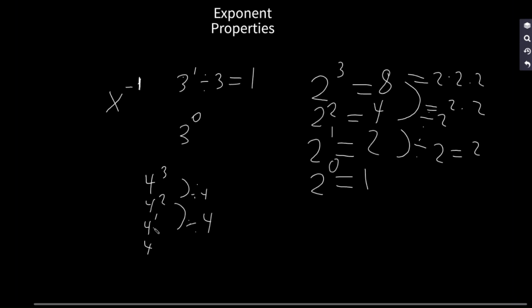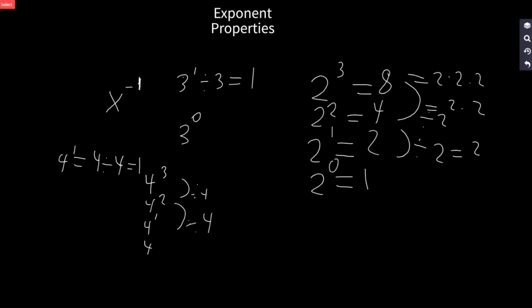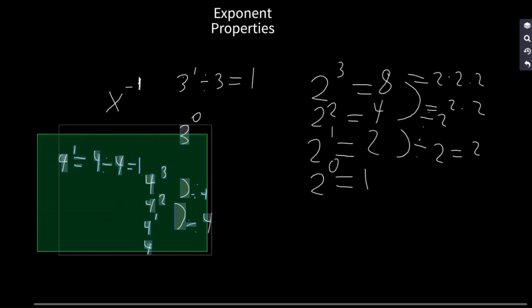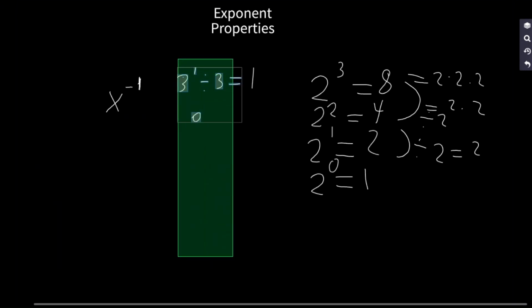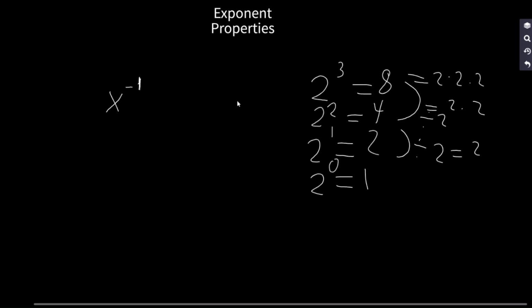And if you think about it, 4 to the first power is just 4. And we're dividing by 4. That's the thing. We're dividing by the base each time. So we're basically just dividing 4 by 4, which is 1. That may be a bit confusing at first, but if you think about it for maybe a couple of minutes, it should make more sense.